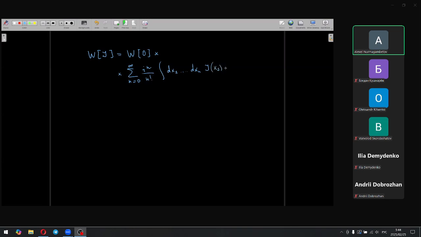Sources at points x1, xn, multiplied by n-point Green's functions, Gn, depending on points from x1 to xn.